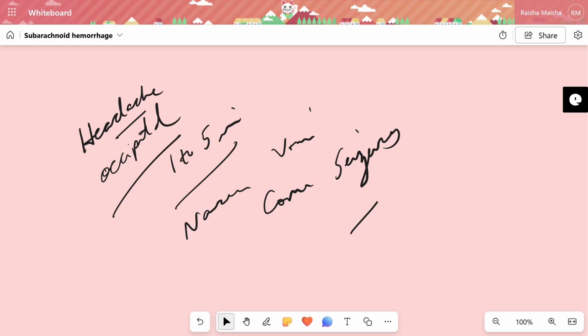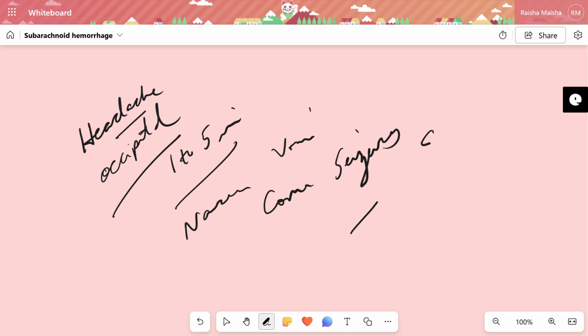And if we do ECG, ST elevation may be found. ECG changes including ST elevation may be seen. This may be secondary to either autonomic neural stimulation from the hypothalamus or elevated levels of circulating catecholamines.